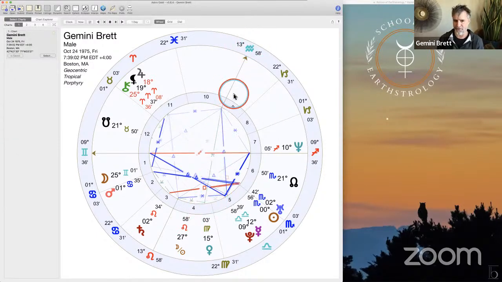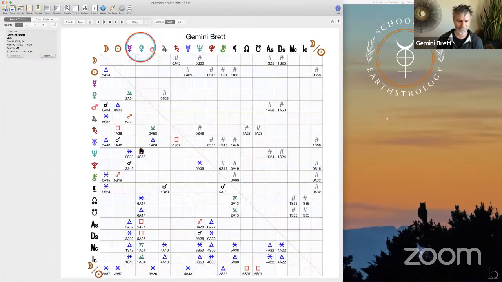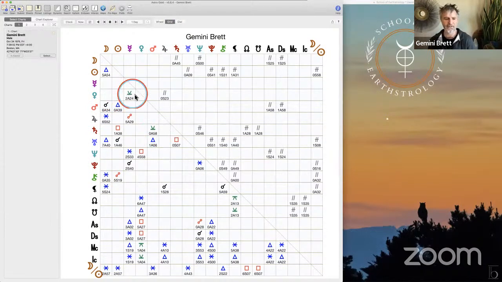And you can see that green line, and we can go to the grid, and there's this Venus midheaven quincunx, and the Venus IC semi-sextile, okay? Or like the Mars Saturn semi-sextile, right? So traditionally, those green shapes actually just wouldn't be here.